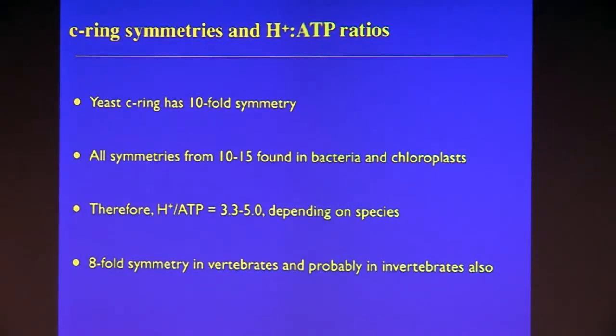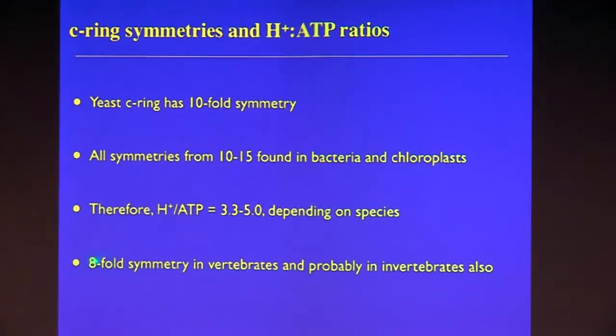But of course, what we wanted to know was what was the symmetry in man and invertebrates. And last year, we found that the ring symmetry in man was 8. And so this told us that the mammalian enzyme was the most efficient ATPase at making an ATP.